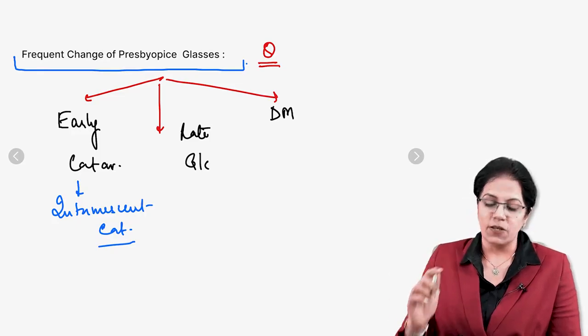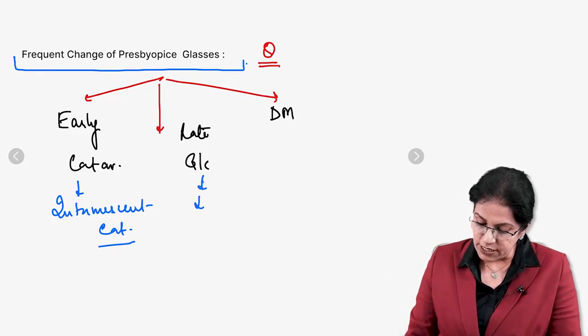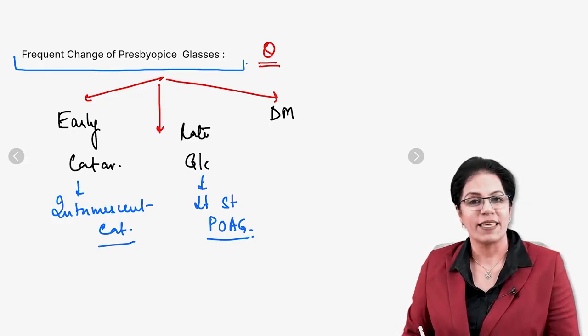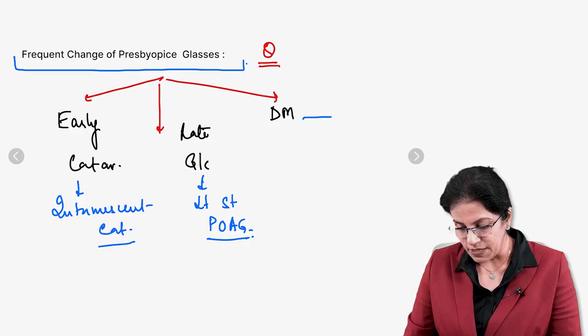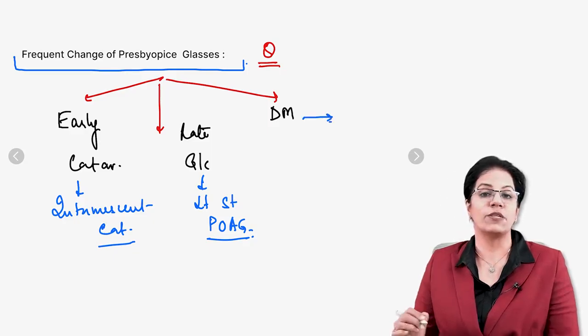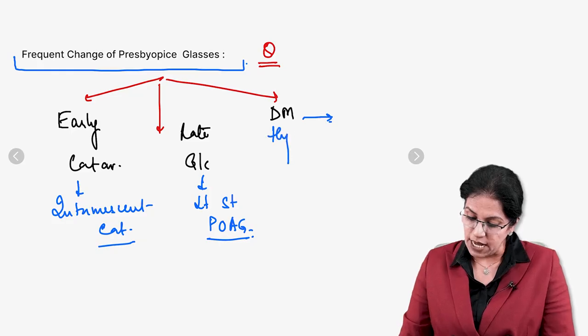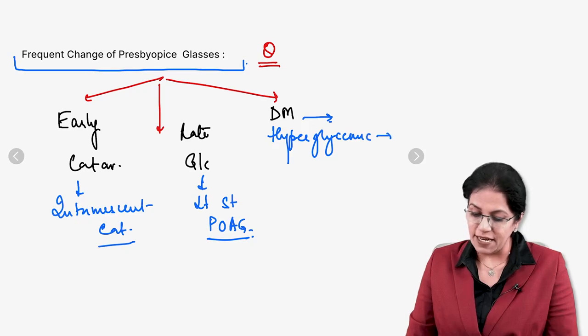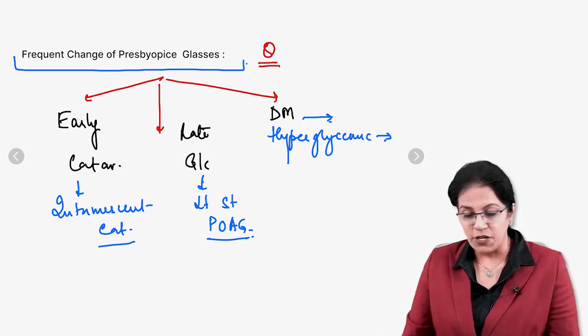So, late glaucoma, this is generally factual. Late stage of primary open angle glaucoma can present with frequent change of presbyopic glasses. Coming to diabetes. Diabetes, actually everything varies on the blood sugar level. If the patient is hyperglycemic, or more sugar, what do you see?